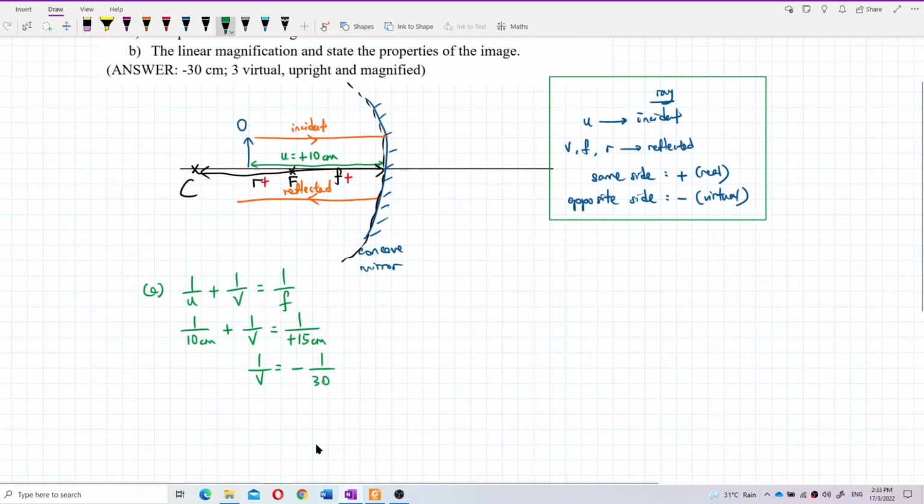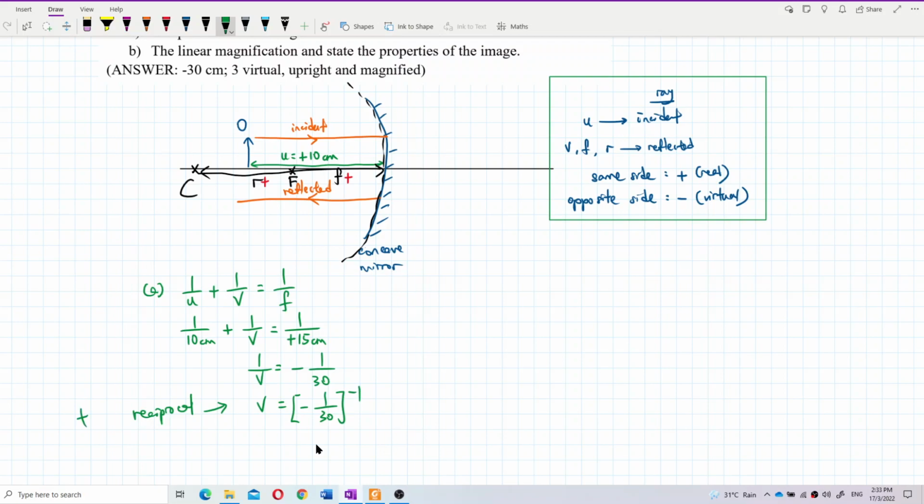So you need to take the reciprocal, that means you need to invert it. So the answer is V equals negative 30 centimeter.